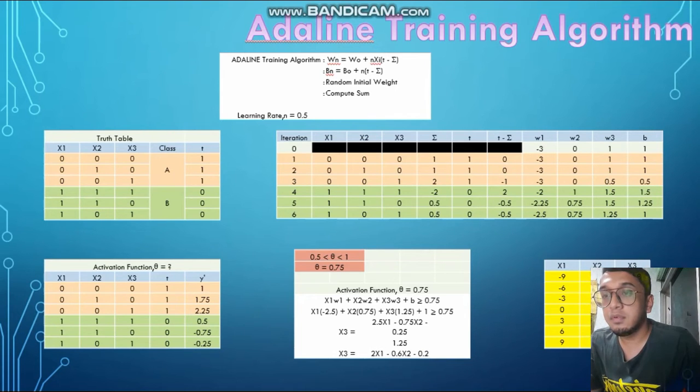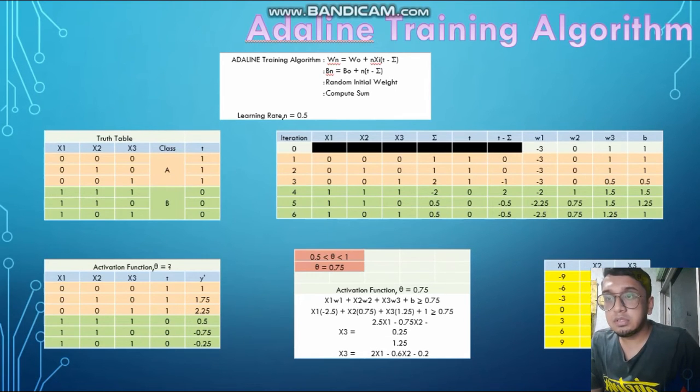The first answer is negative 12.8, then negative 8.6, then negative 4.4, negative 0.2, then 4, 8.2, and lastly 12.4.